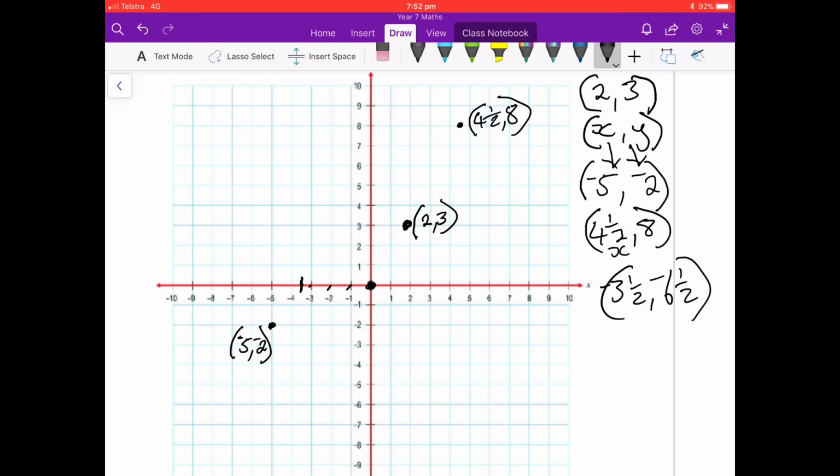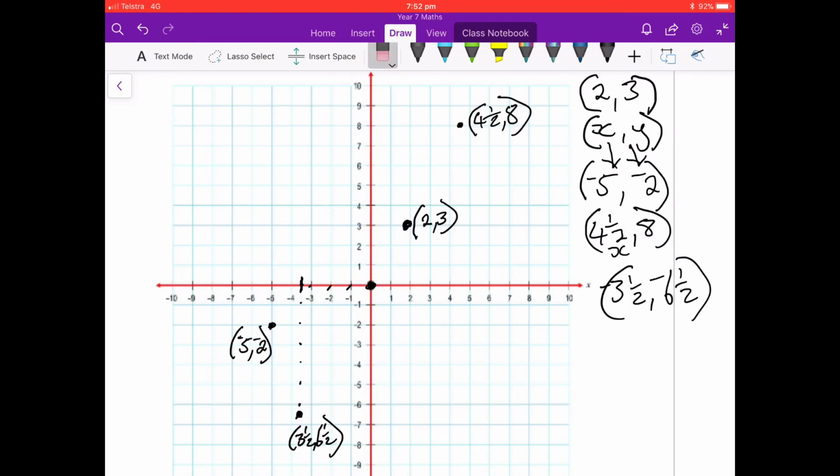So 6.5: 1, 2, 3, 4, 5, 6, and 6.5 is halfway between 6 and 7. So we're going to be right there in the middle of that one. And then we log it. That is -3.5, -6.5.